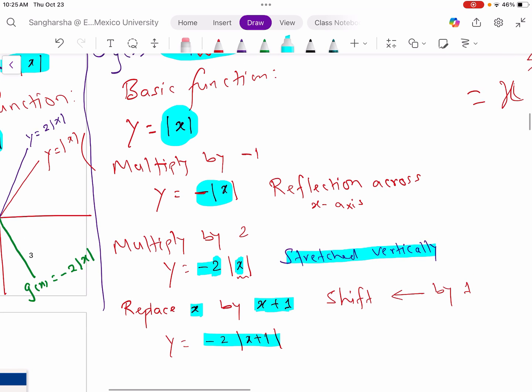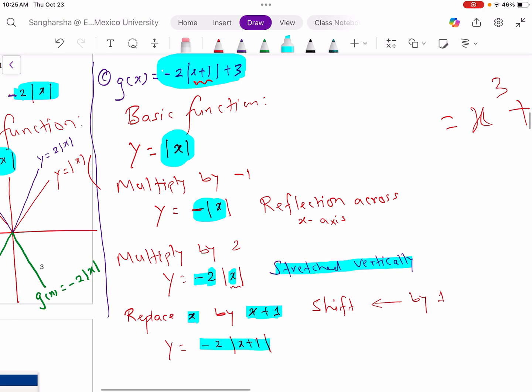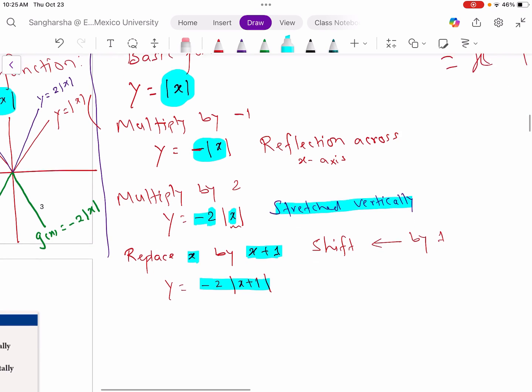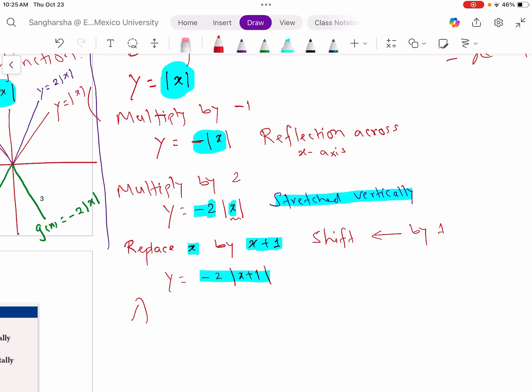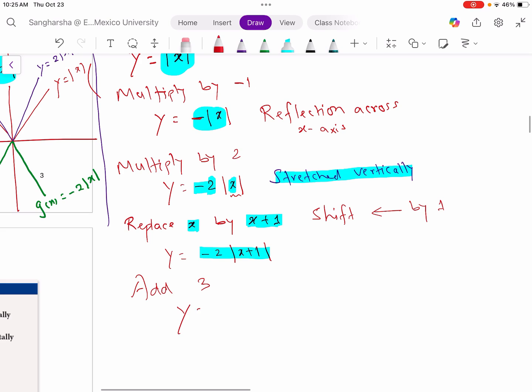Now what we need at the end, see, we have this expression, we need plus 3. And how do we get that plus 3? By adding 3, right? So we add 3. Now adding 3 means we have y equals negative 2 absolute value of x plus 1, plus 3. Now what happens to the graph if we add 3?